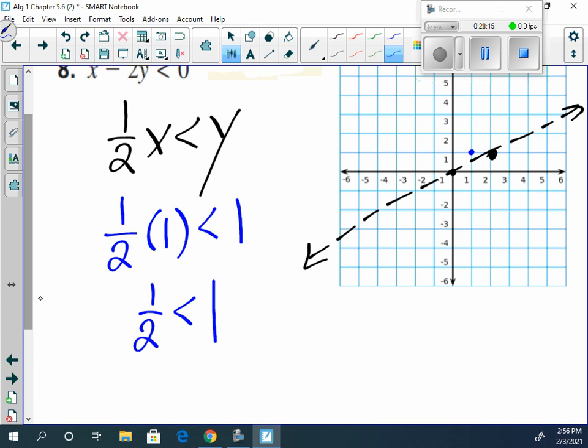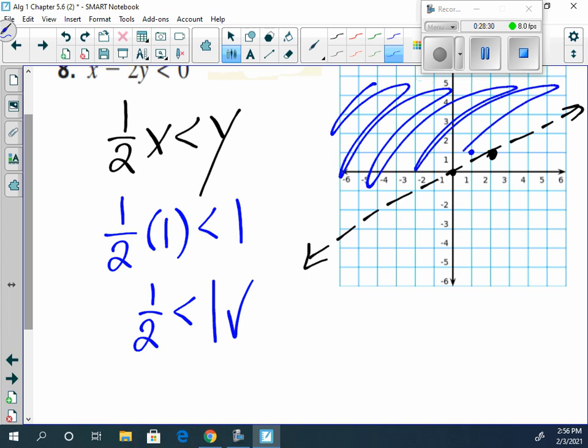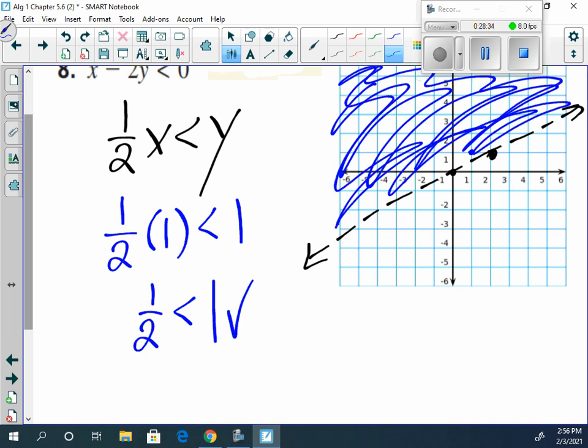Because 1/2 times 1 would still be a half. Because anything times 1 is just whatever we multiplied by 1. Now, is 1/2 less than 1? And since that's true, we shade the side that contains the point 1, 1. And that is it here.